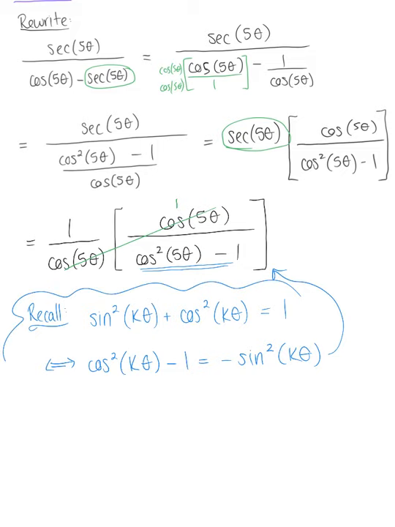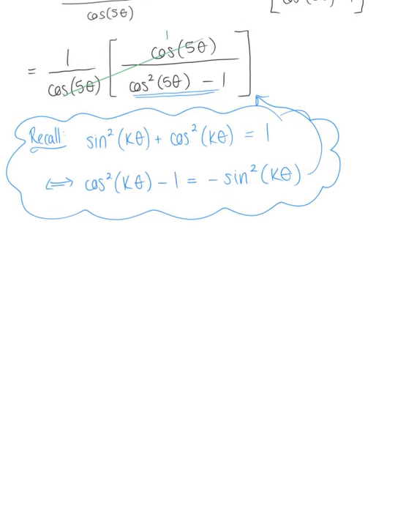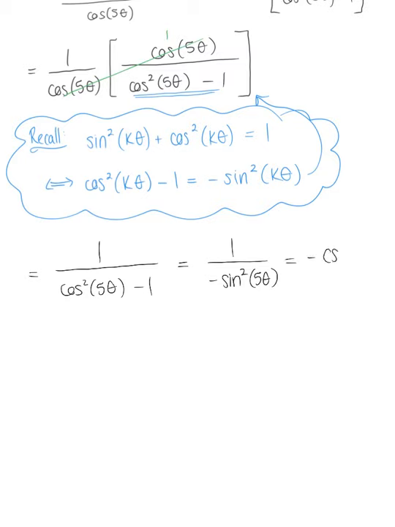We'll use this Pythagorean identity to rewrite our integrand one last time. We had 1 over cosine squared of 5 theta minus 1, which is equal to 1 over minus sine squared of 5 theta, which is equal to negative cosecant squared of 5 theta.